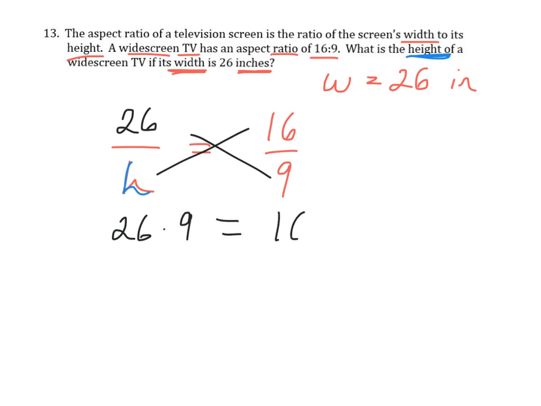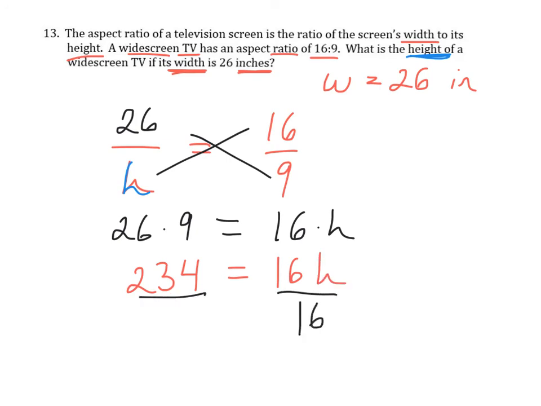On the other side, I have 16 times h. So I have 234 equals 16h, and when I divide by 16, I'm not going to get a whole number, but it looks like my height is going to come out to be 14.625, and I know I'm dealing in inches.